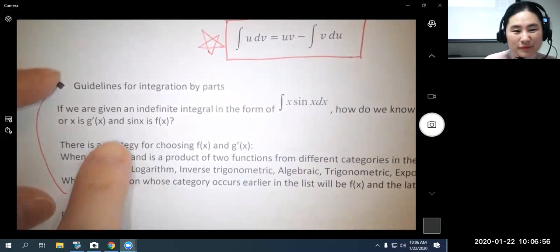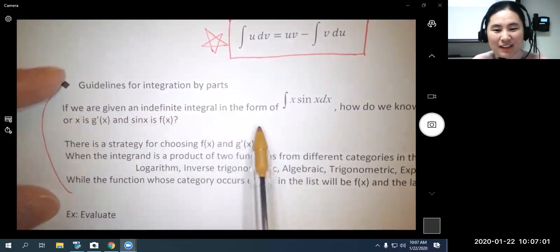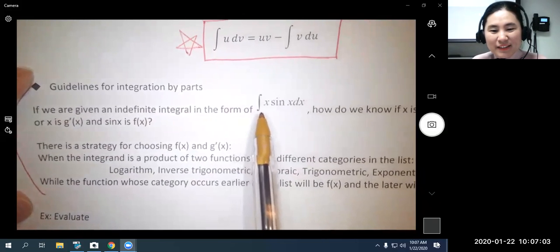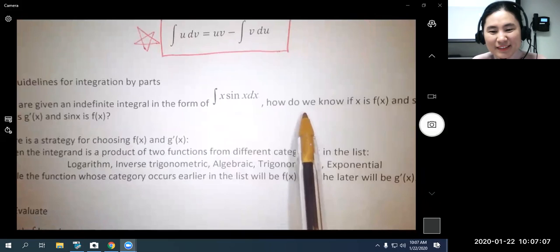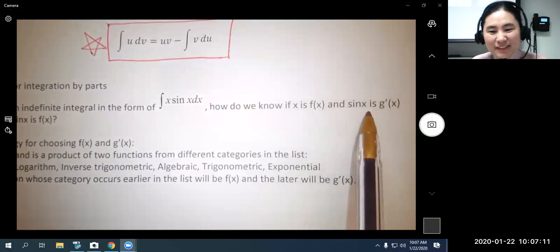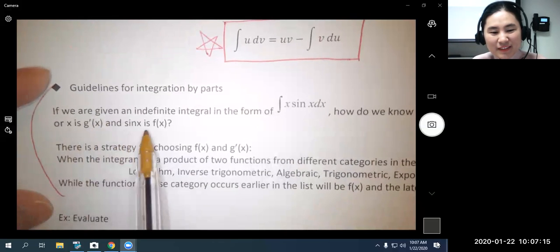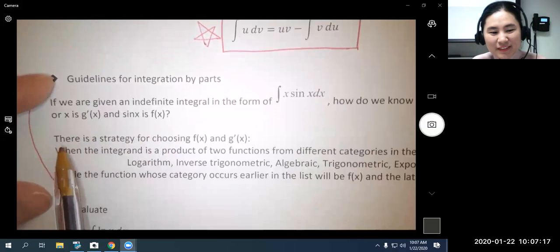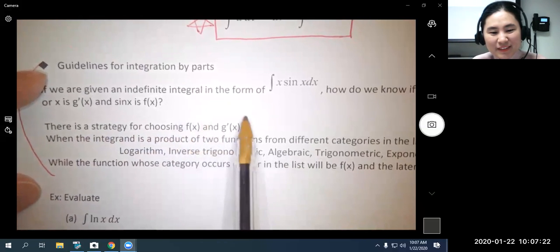John? Guidelines for integration by parts. If we are given the indefinite integral in the form of the integral of x sine x dx, how do we know if x is f of x and sine of x is g prime of x, or x is g prime of x and sine x is f of x? There's a strategy for choosing f of x and g prime of x.